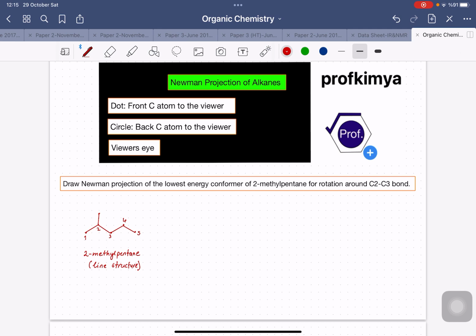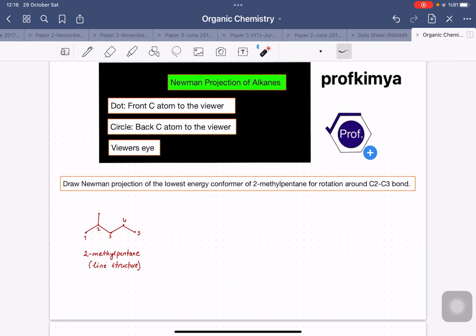Next, you should draw 3D structure of relevant parts. What is the relevant parts? C2, C3. C2, C3 is the relevant parts.